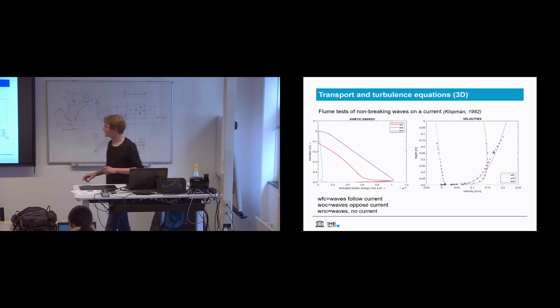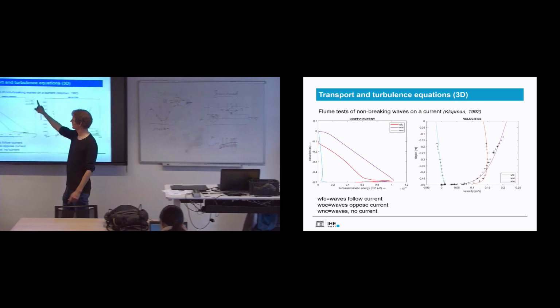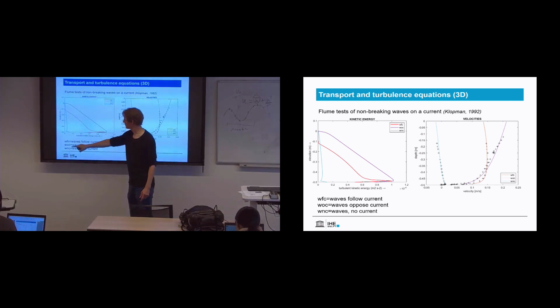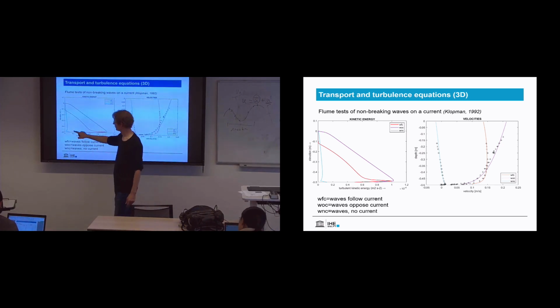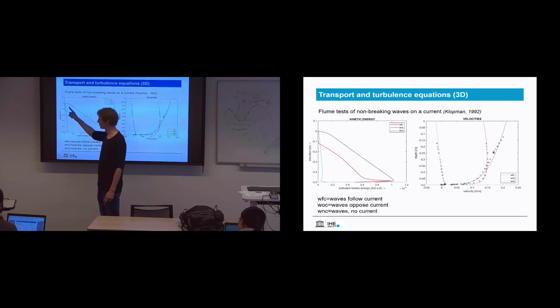So this is basically a plot of the K over the vertical for the three cases. If you have only waves, then you have very little turbulence production, because there's no wave breaking at the surface and there's not a lot of bottom friction because it's in a flume. So you get an almost zero kinetic energy profile.